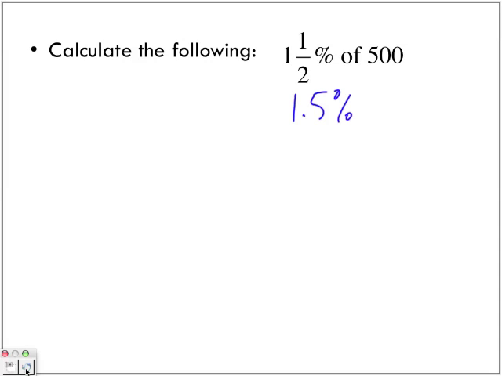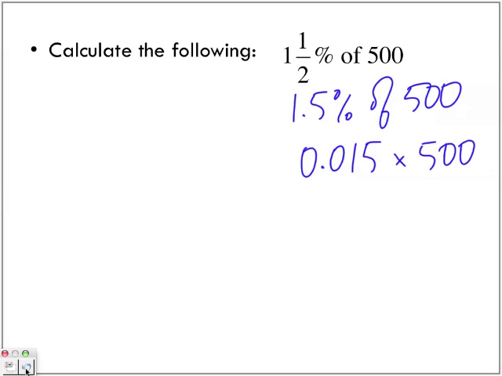Percent. 1.5%, and it's a percent of 500. So now I have to convert 1.5% into a decimal, and what do we get? 0.015, and we're going to multiply by 500, and what do we get?